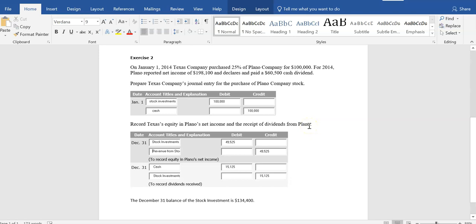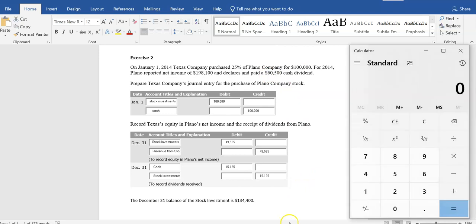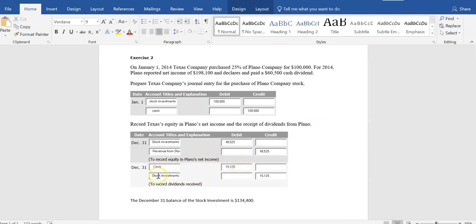Okay, and then for the dividends, a total of $60,500 in dividends was declared and paid by Plano Company. Of the $60,500, 25% of those dividends will go to Texas Company. So Texas Company will debit their cash for $15,125, and it will decrease its stock investment by the amount of those dividends received.